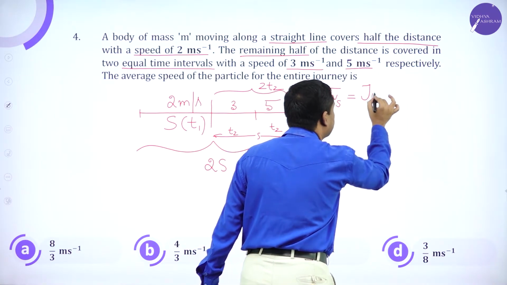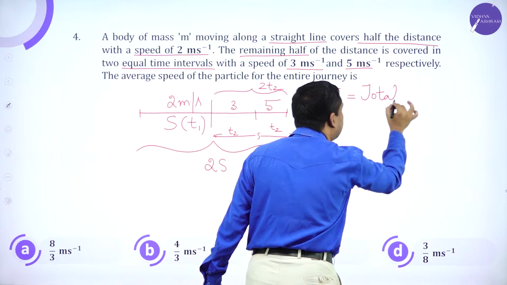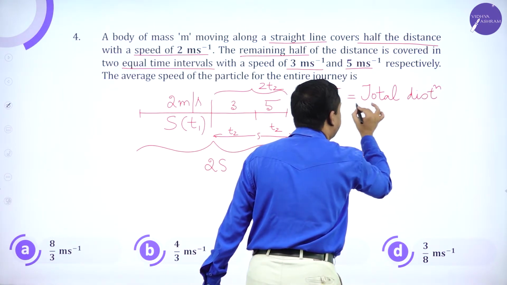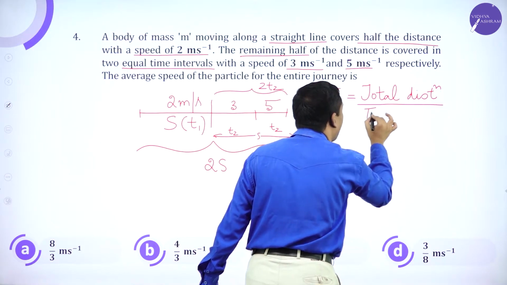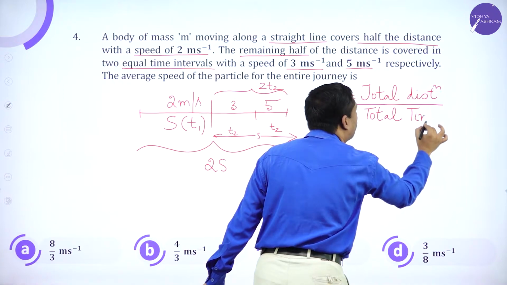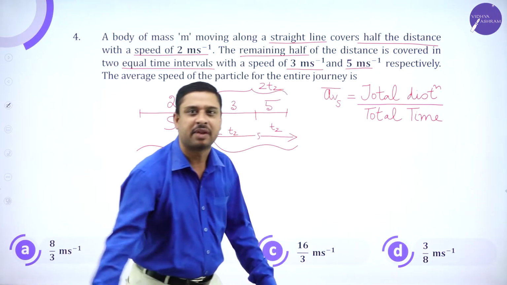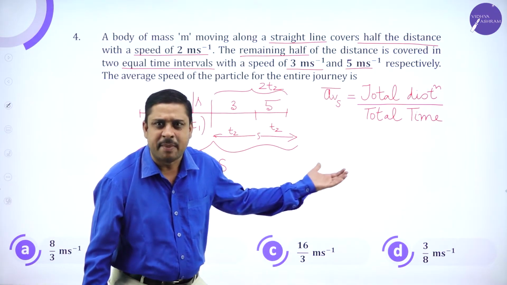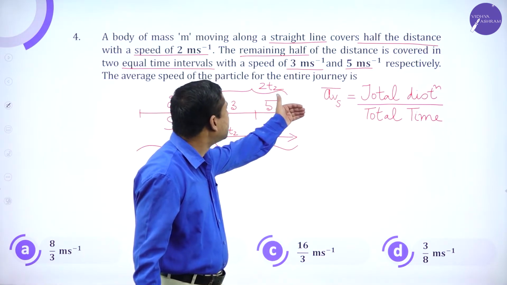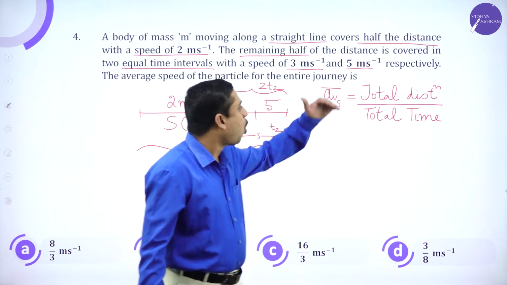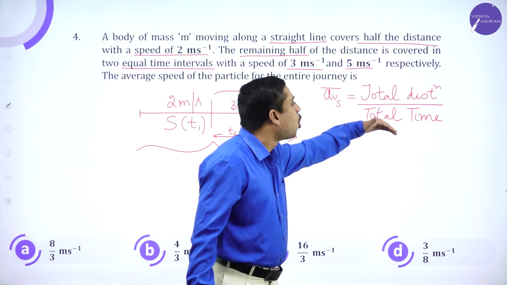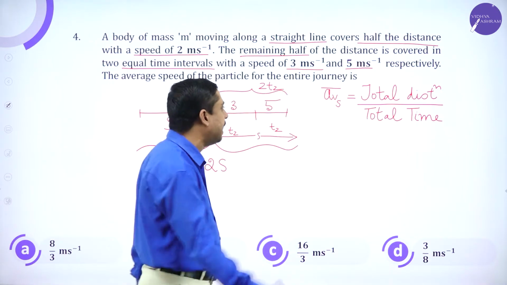So it is total distance divided by total time taken to travel. Very elementary definition. Average speed is total distance divided by total time taken.